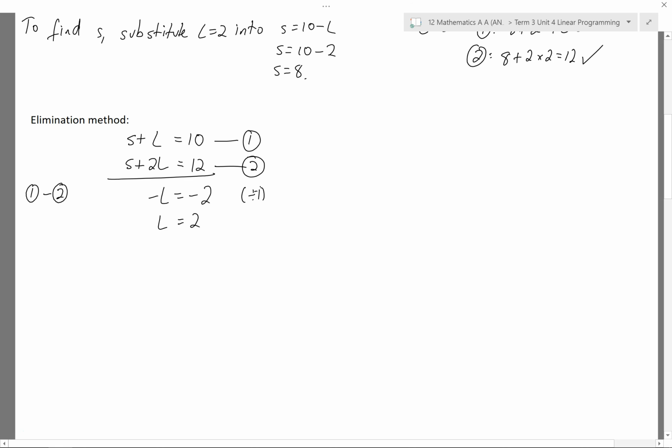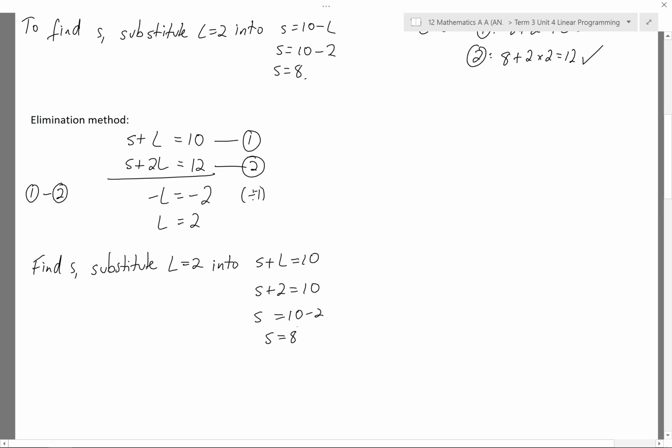From here I still need to find S. So to find S, I'll substitute L equals 2 into equation 1 or 2, either one, which is S plus L equals 10. S plus 2 equals 10, S equals 10 minus 2.